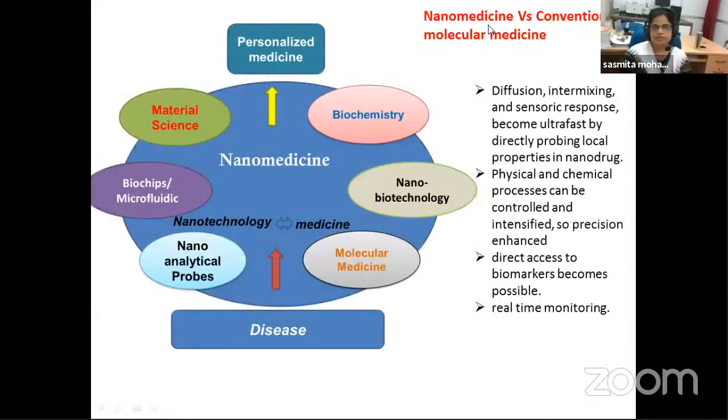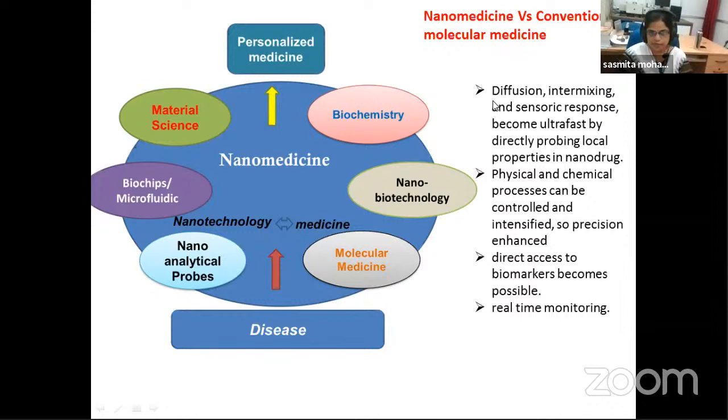What does nanomedicine essentially mean? Nanomedicine means applying nanotechnology tools in medicine. It includes nanoparticles or nanoanalytical techniques in medicine. Now, what is the difference between nanomedicine and conventional molecular medicine?